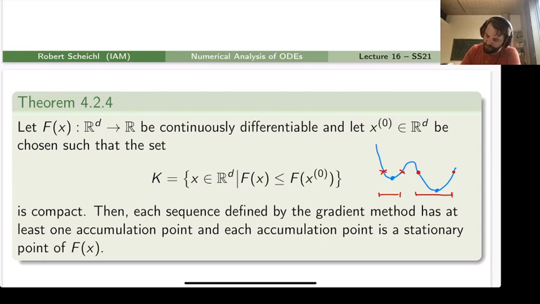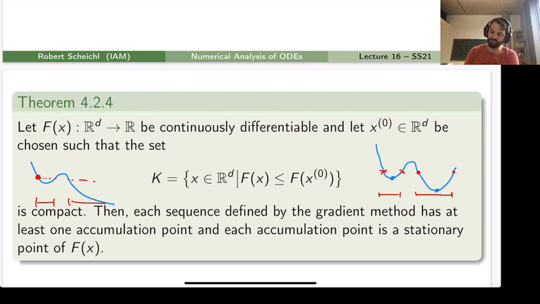If this is the case, and you start with this initial condition, then the set on which the function values are smaller is not compact. This is a technical condition that is not necessary, but it makes the proof simpler.